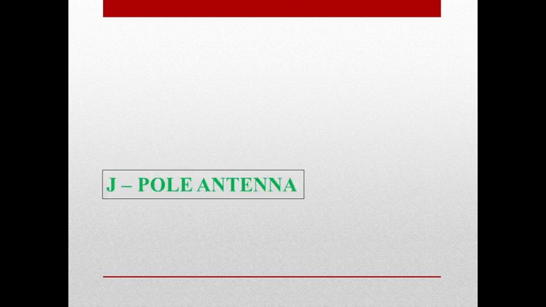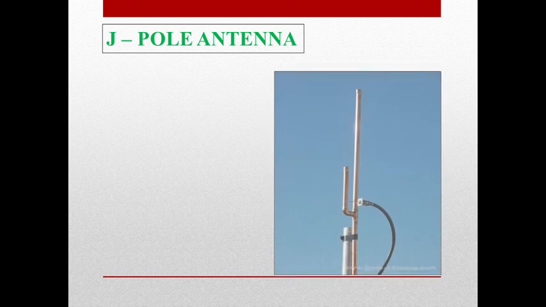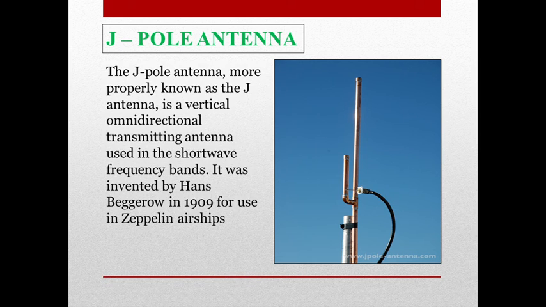Let's proceed to the second antenna, which is the J-pole antenna. The J-pole antenna, more properly known as the J antenna, is a vertical omnidirectional transmitting antenna used in the shortwave frequency bands. It was invented by Hans Beggerow in 1909 for use in Zeppelin airships.